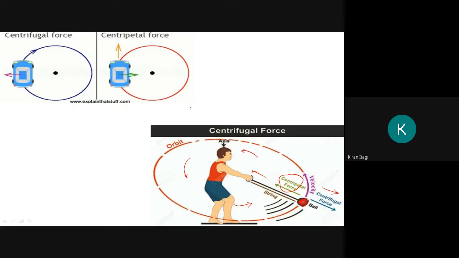So in the case of the road, to counteract this centrifugal force, say it is moving in this direction, the centrifugal force is acting. To counteract it, we are raising the road. If we had not done this, the vehicle would come out of the track. This is the basic concept of why we provide super elevation.